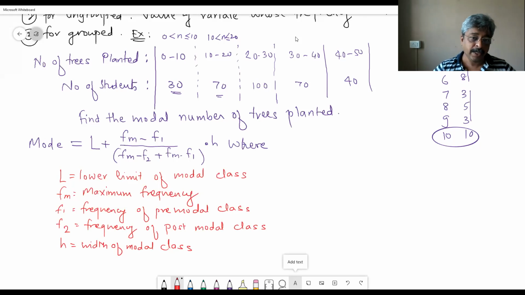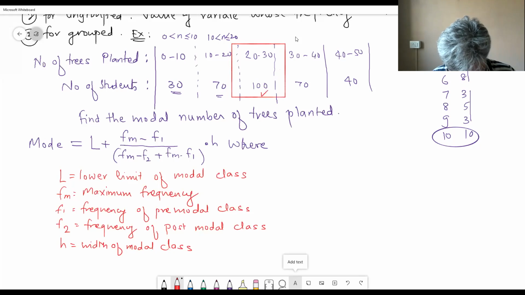Okay, so in our case the modal class is 20 to 30, where there is a maximum. L is the lower limit of the modal class, 20. This is Fm, this is F1, this is F2.